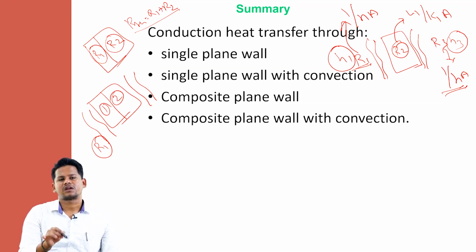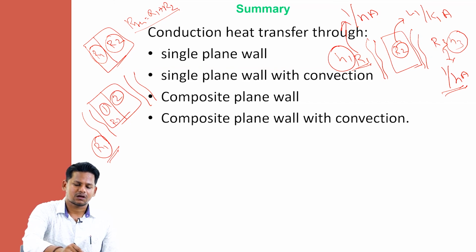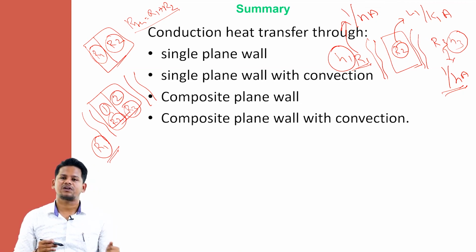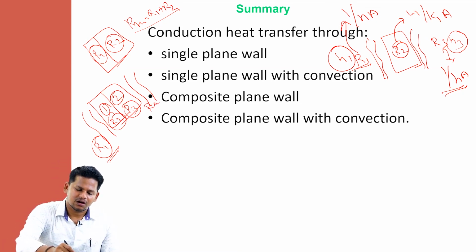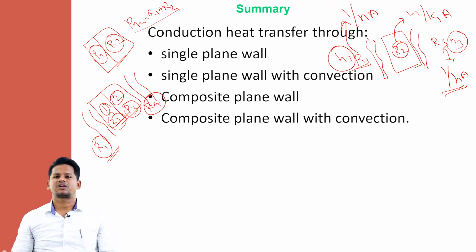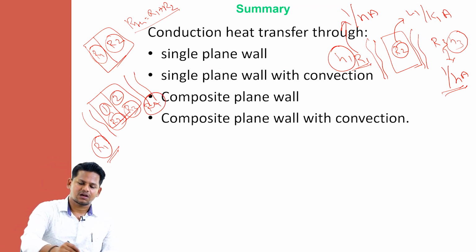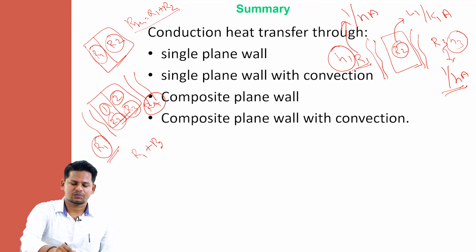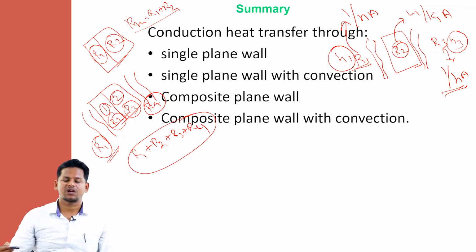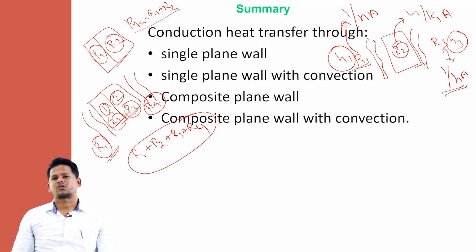We have thermal resistance for convection, R2 conductive resistance of material 1, R3 conductive heat transfer resistance of the second material. Finally R4, again convective heat transfer resistance. So they are in series. Just write R1 plus R2 plus R3 plus R4. After finding this value, we are able to easily find the amount of heat transferred across this composite plane wall with conduction as well as convection.